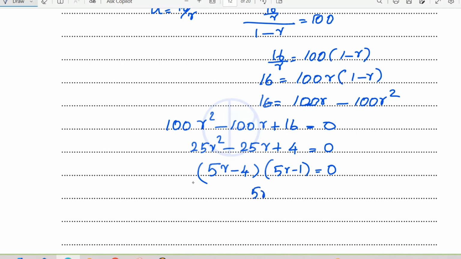So 5r minus 4 equal to 0, or 5r minus 1 equal to 0. So r is equal to 4 divided by 5, or r is equal to 1 divided by 5.